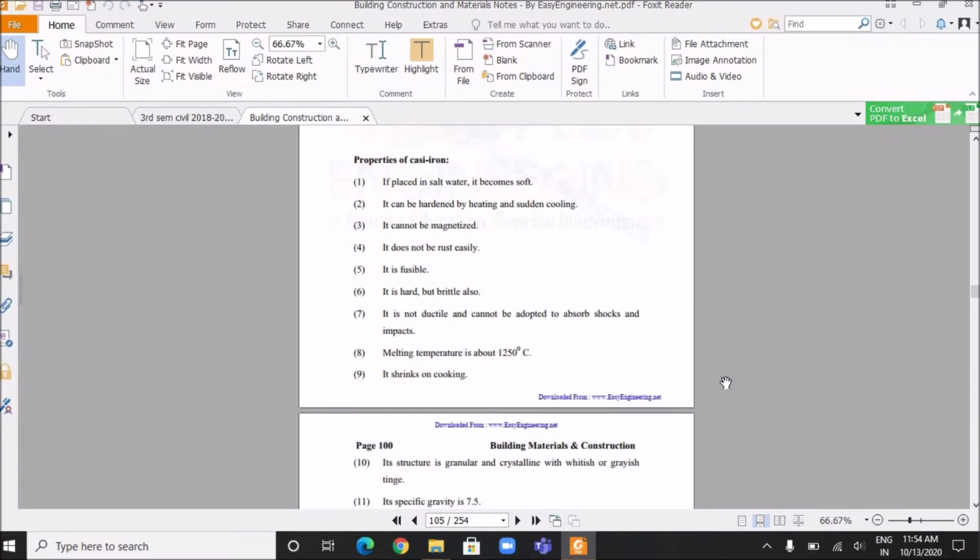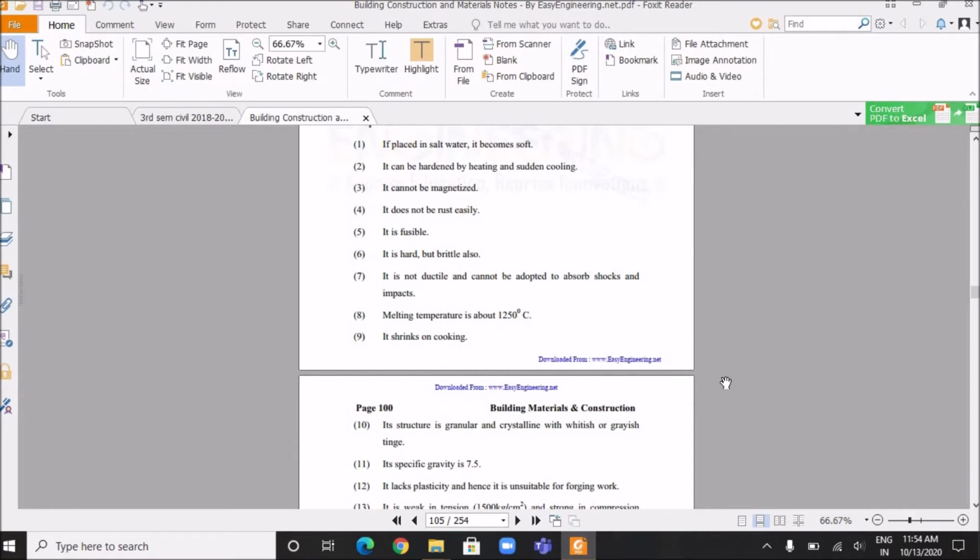Properties of cast iron. If cast iron is placed in salt water, it becomes soft. It can be hardened by heating and sudden cooling. Cast iron cannot be magnetized. Cast iron doesn't rust easily. Cast iron is fusible.